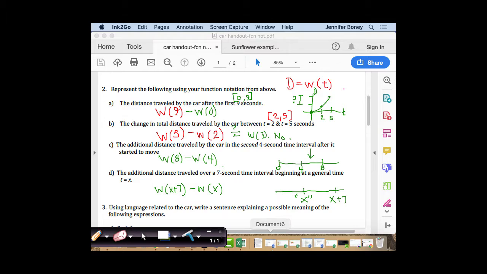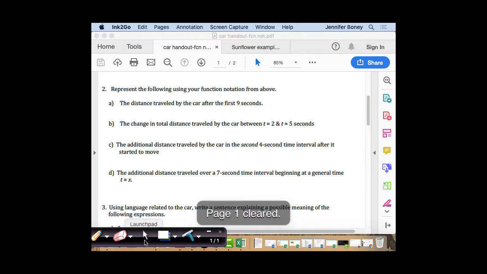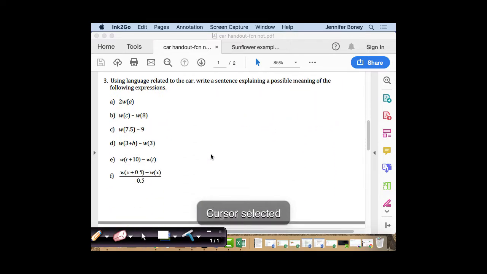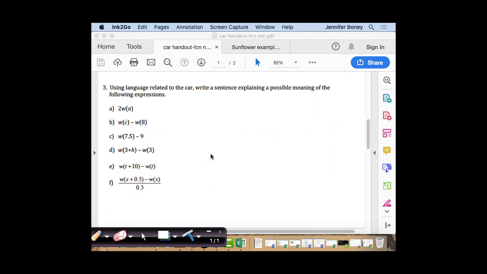So let's look at some pre-written expressions and see what we've got with those. Number 3. So thinking about the car and the distance traveled and times. So again, the definitions here, I'll just jot them down briefly to the side. The independent variable t was measured in seconds since the car started to move.